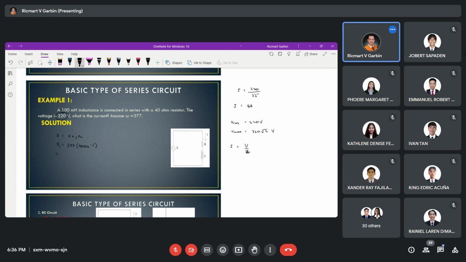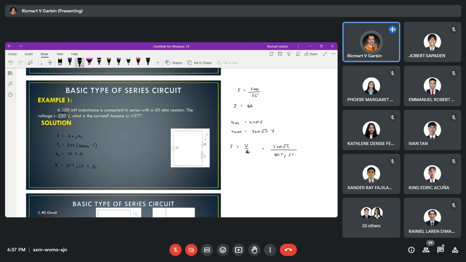Anong XL natin dito? Okay, compute mo. So, 37.7 ohms. Therefore, ang ating impedance is equal to 40 plus j37.7 ohms.